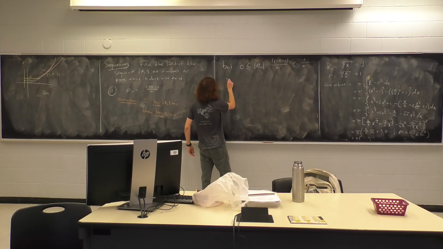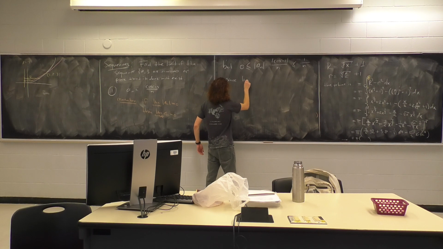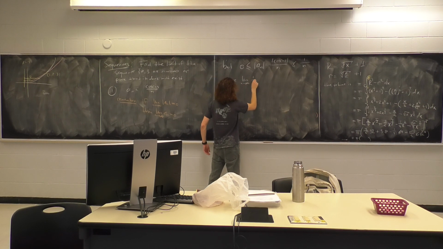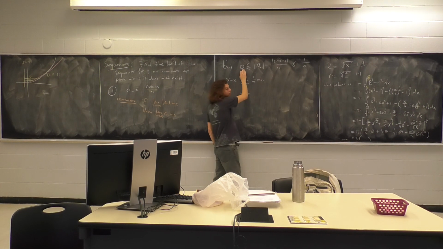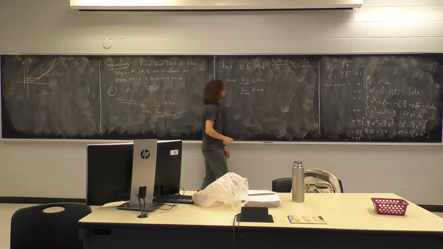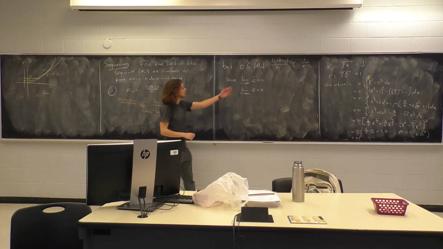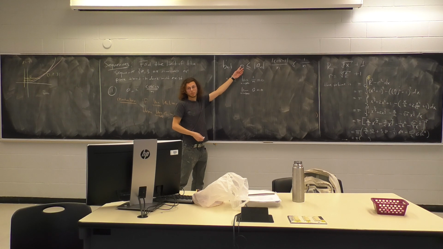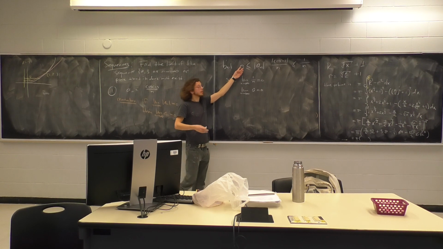So, since the limit as n tends to infinity of 1 over n equals 0, and the limit of the constant sequence 0 is also 0. You think of this as a sequence, but a constant sequence. It's 0 for every an.